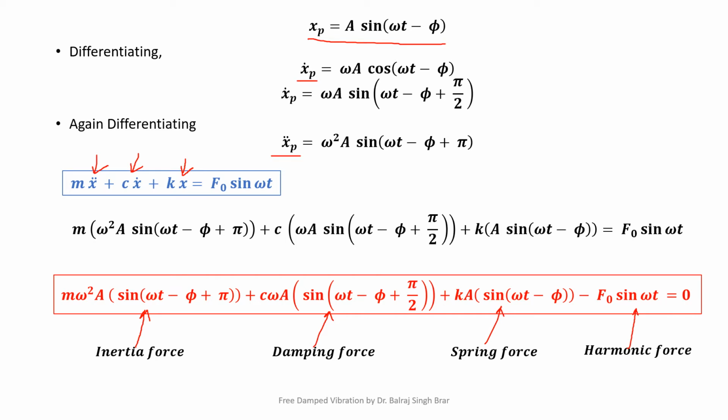Now what we observe is that the spring force has an amplitude of kA and lags behind the external excitation by phi, and the damping force has an amplitude c omega A and is ahead of the spring force by an angle pi by 2, and the inertia force has an amplitude of m omega square A and is ahead of the spring force by an angle pi, which means it acts in the direction opposite to the spring force.